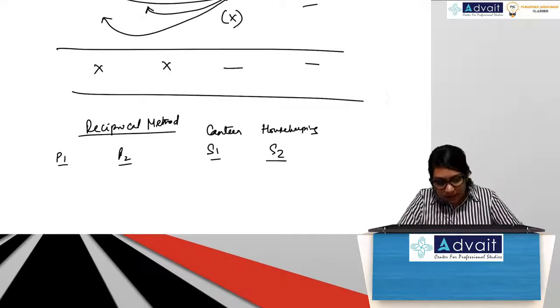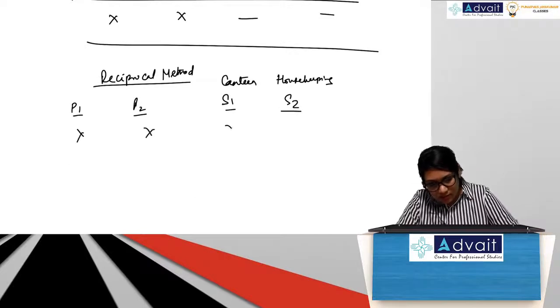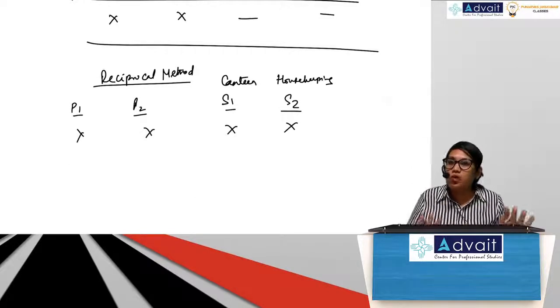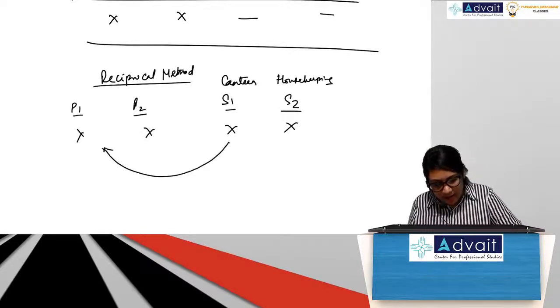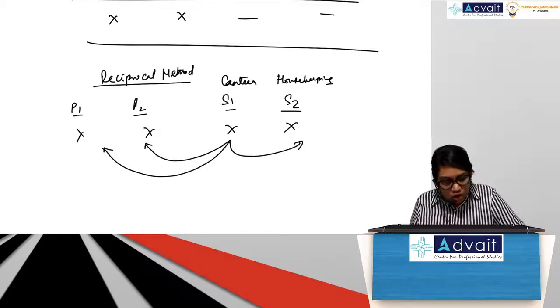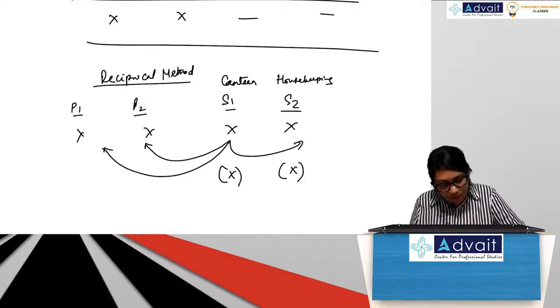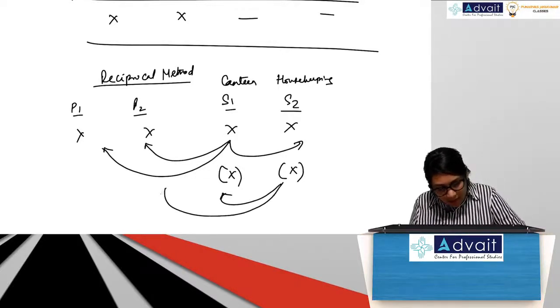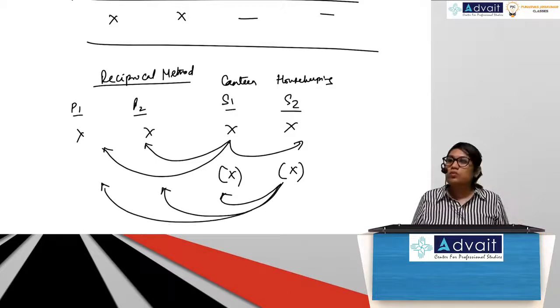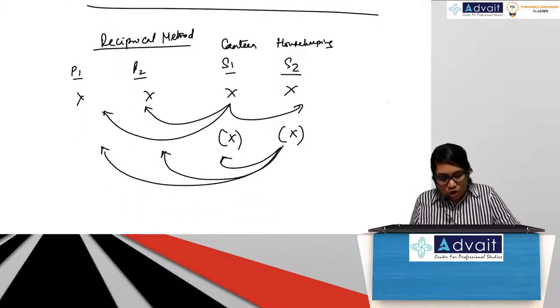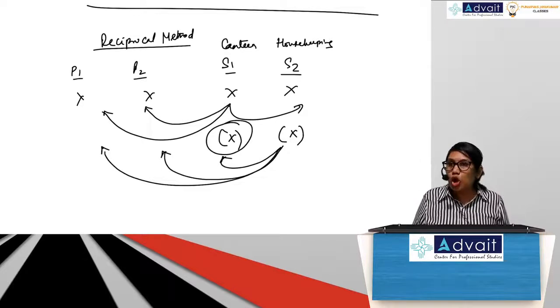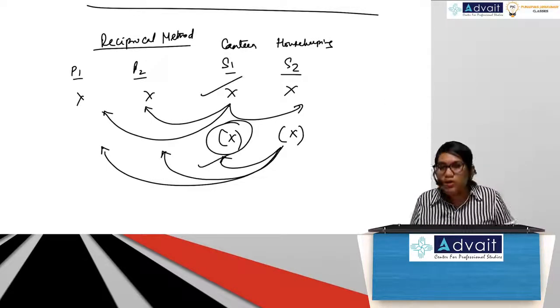So now what happens? Now you take whichever you want. So S1 will give P1, P2 and S2, and become 0. S2 will also give S1, P1, P2. So this total should be this plus what it's got.